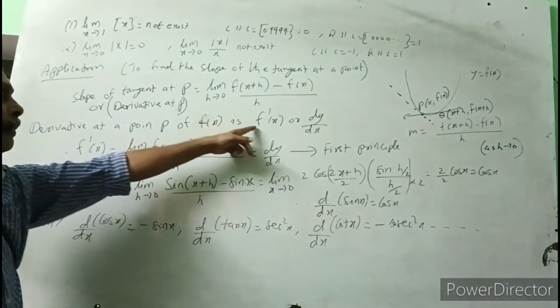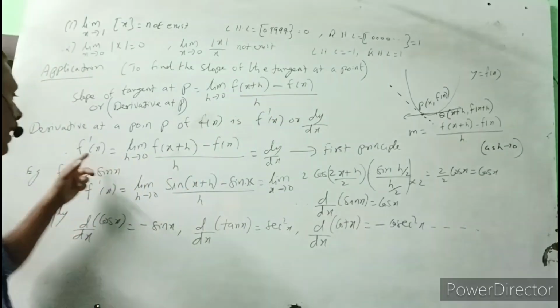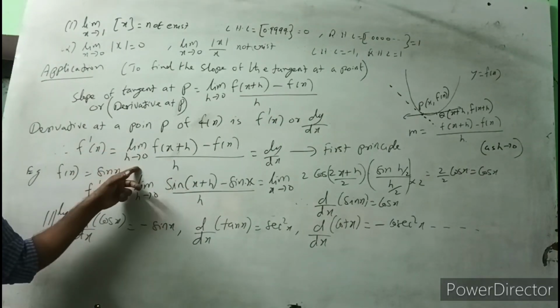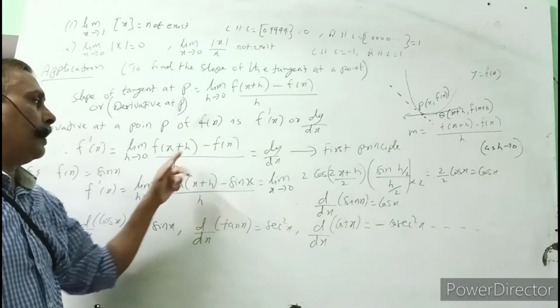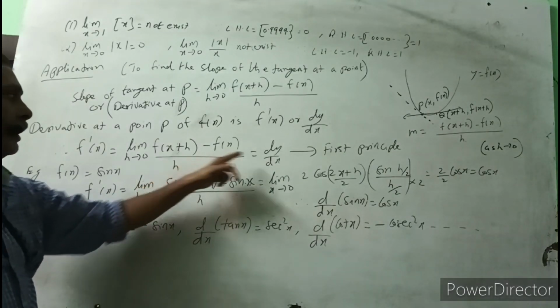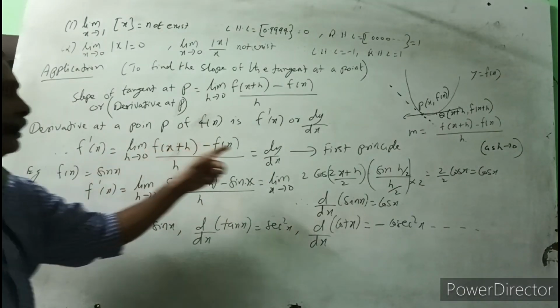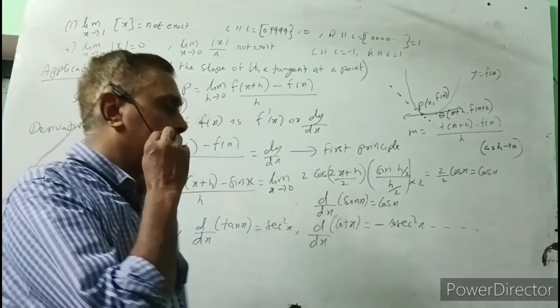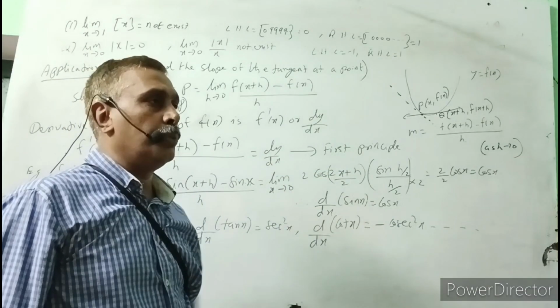So what is the formula? This is actually the formula. F dash x is the same as limit h tends to 0 of f of x plus h minus f of x upon h. It is also the same as dy by dx. Such a method of finding the derivative is called first principle.